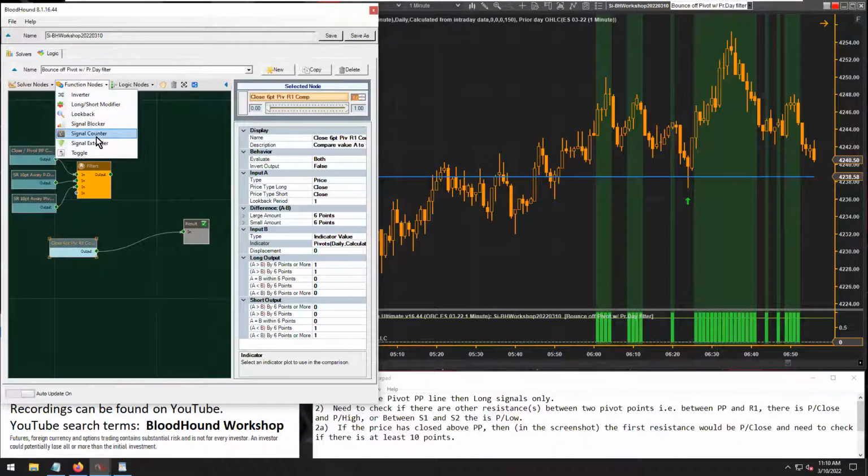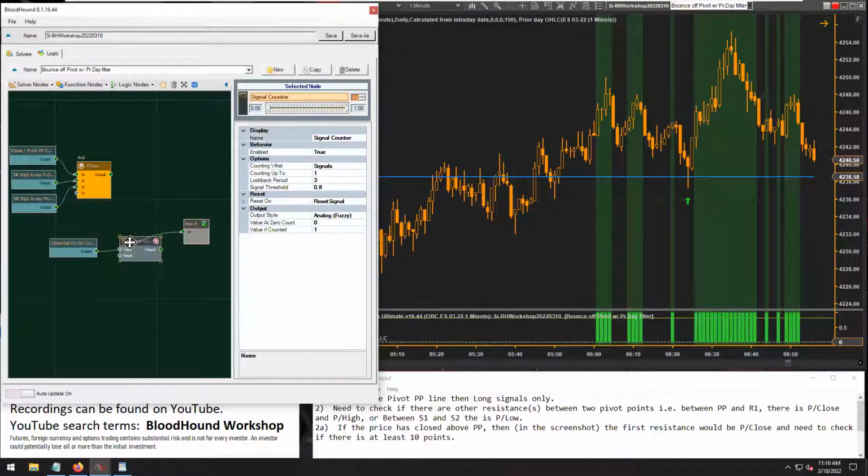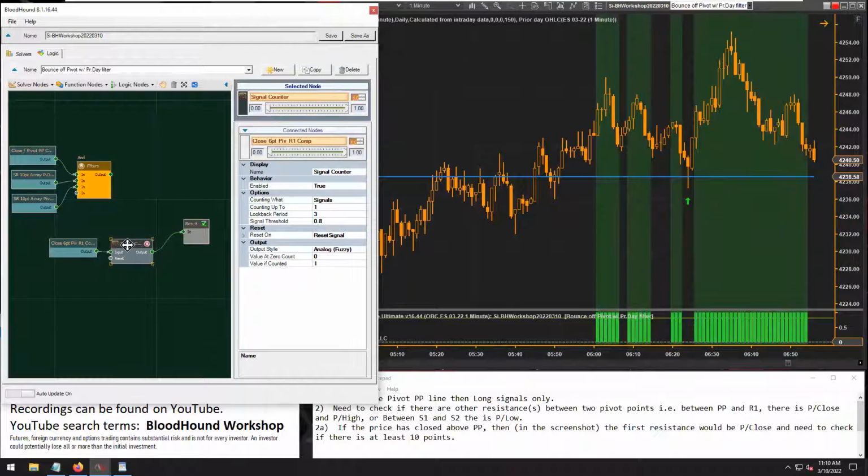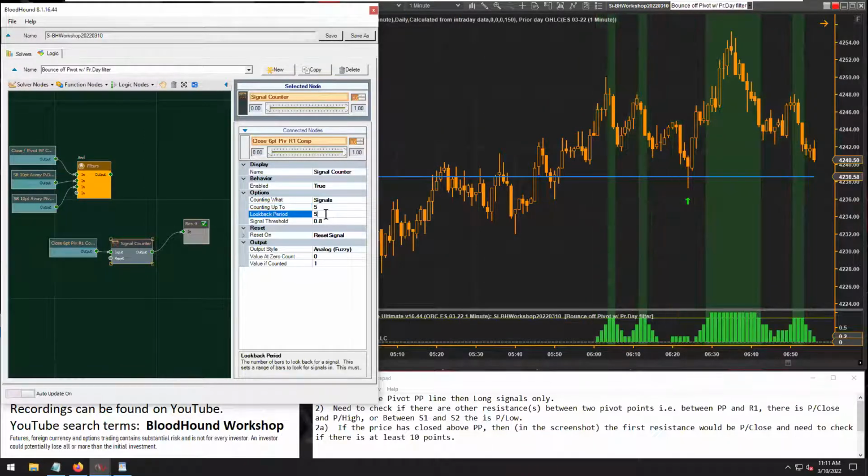So to count and make sure that enough bars have separated from your support line, we're going to use the signal counter for this. Let's pull in the signal counter. With the signal counter, counting up to, that's how many bars with that 6 point separation. That's the minimum requirement here. So let's just say we want a minimum of 5 bars with that 6 points of separation.